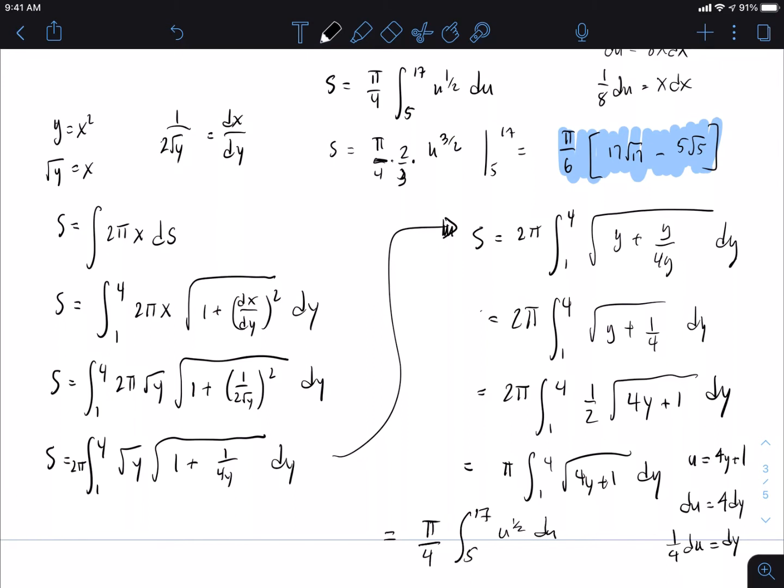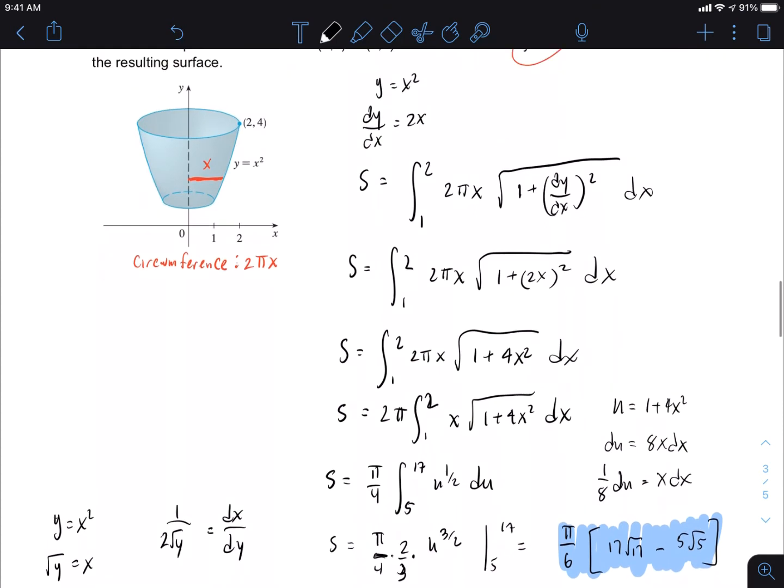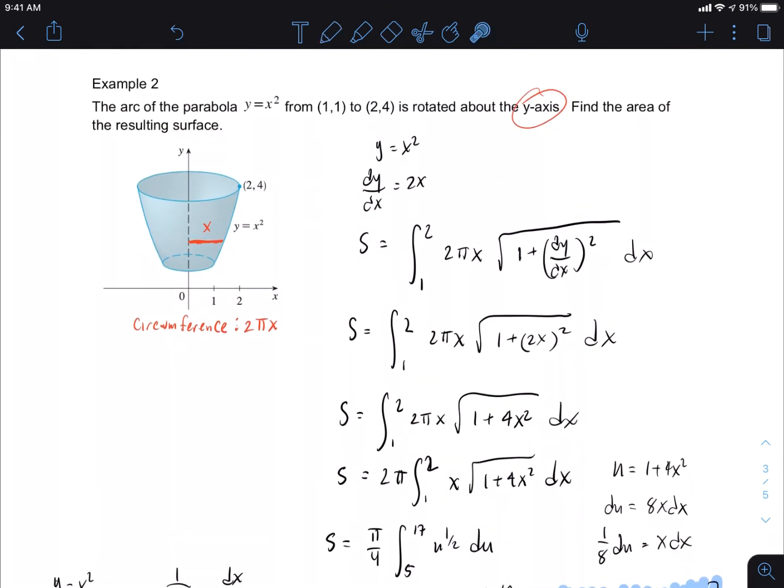So depending on what the bounds are, you're still going to find your radius how you would. It's just the bounds will dictate whether you want to do it in terms of dy or dx. Okay? Does that make sense? Yes. Okay. Always with these problems, the radius is going to be from the axis of rotation.